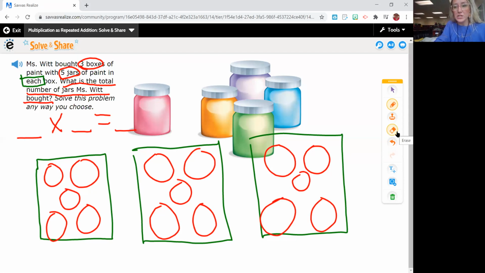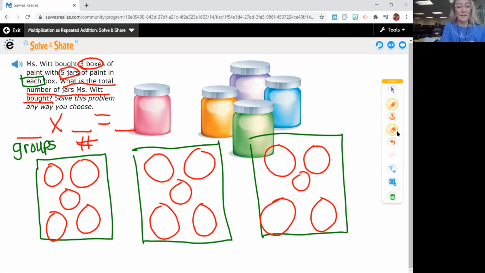Now the first number is how many groups I have. The second number will be how many are in each, the number inside each group. So how many groups or how many boxes do I have? 3.